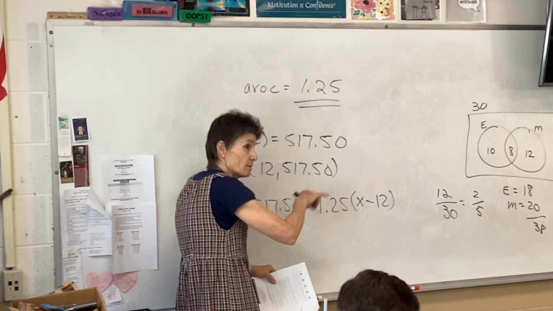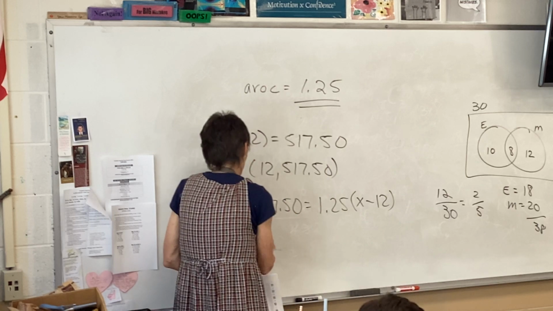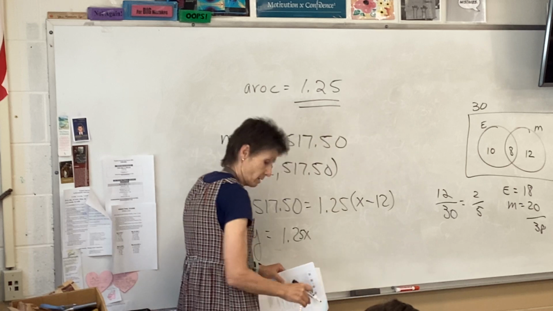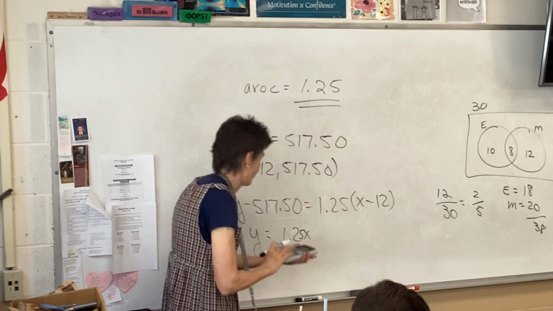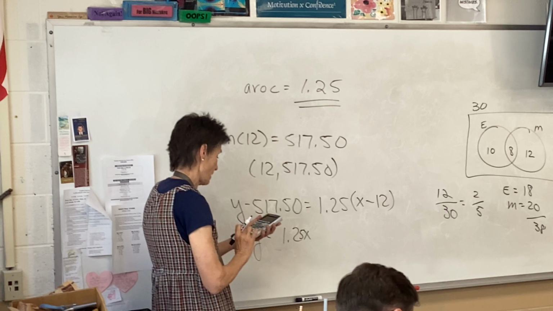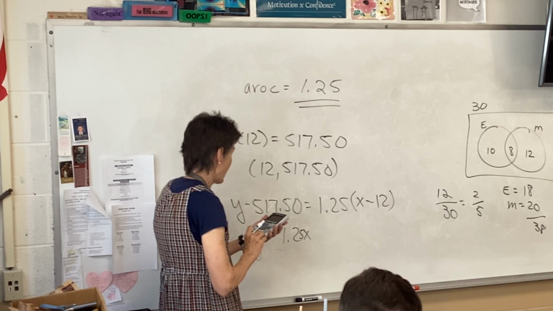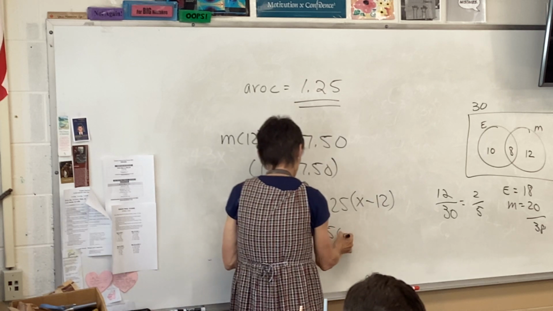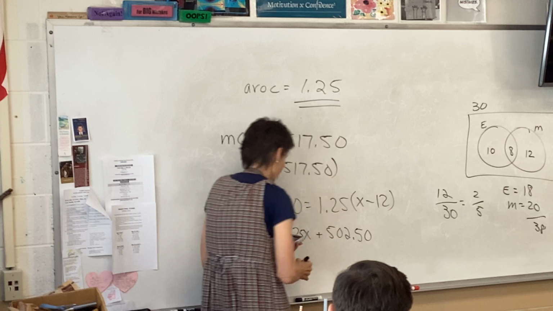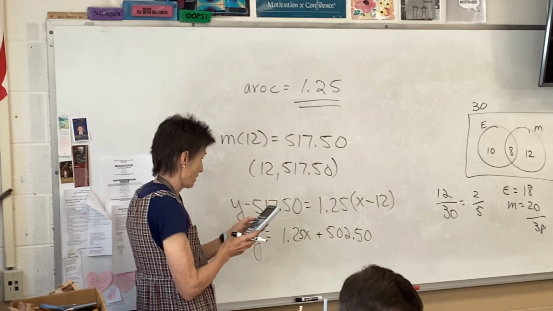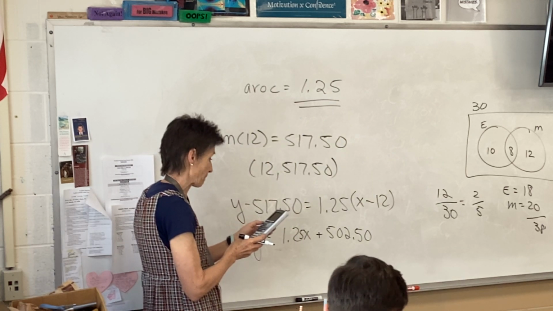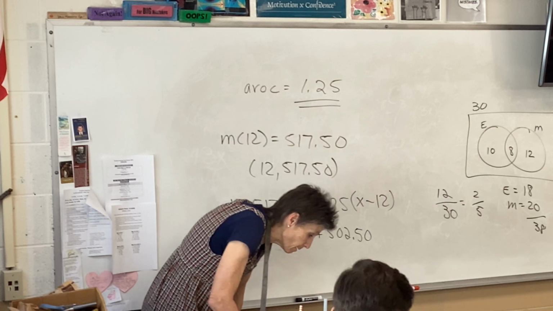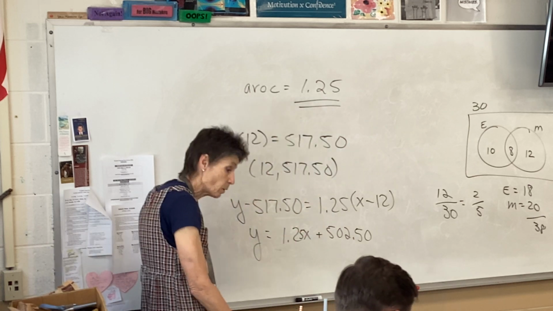And then we could clean all this up, right? So y equals 1.25x. I'm allowed to use a calculator on this one, right? So 1.25 times 12 plus 517.5. So I got plus 502.50. I don't know, did I do that right? Now, what do I want to know? T equals 12 or 20.